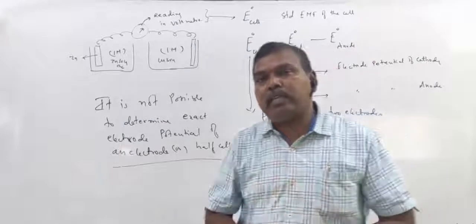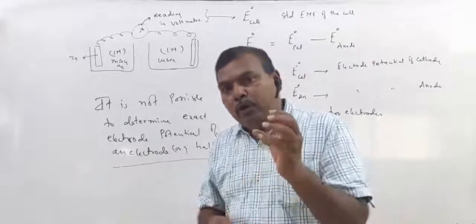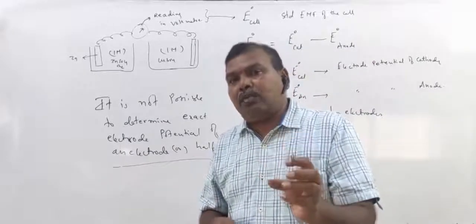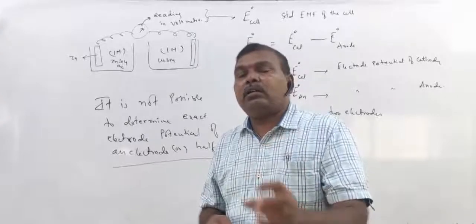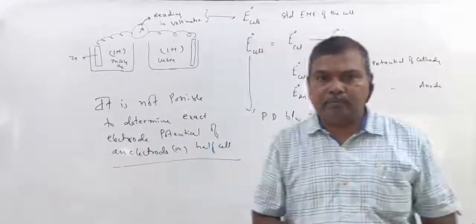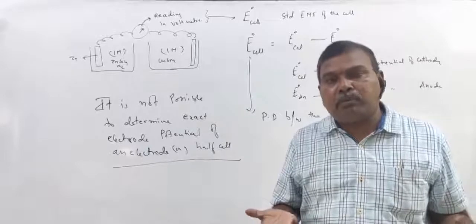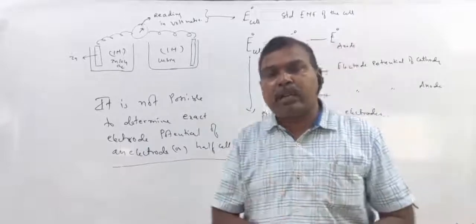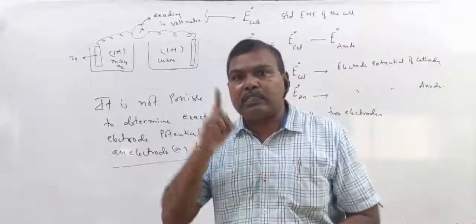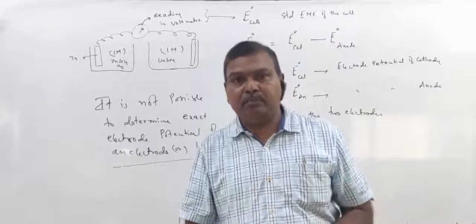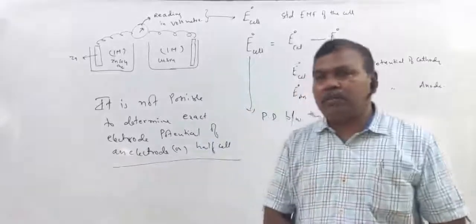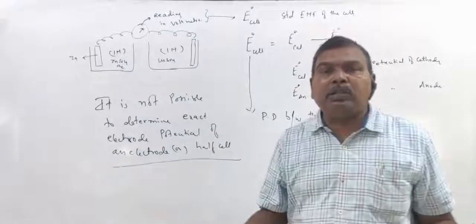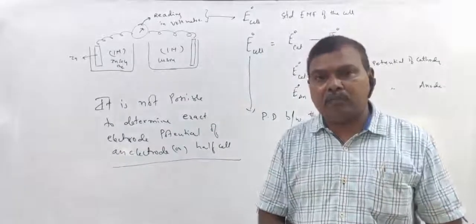That is why we say that F electronegativity is more than Cl electronegativity. But it is not possible for us to measure the electronegativity, as we discussed in periodic classification. In the same manner, it is not possible to determine electrode potential value.